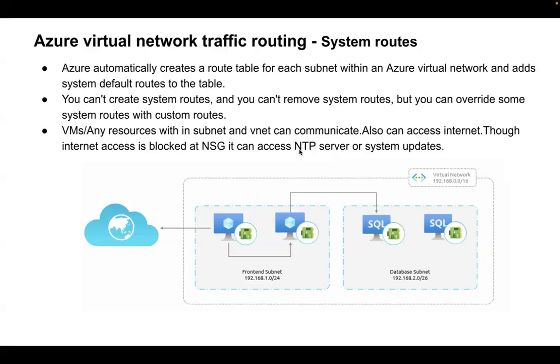And NTP, I think, is a timing protocol, so it will sync up with the time. Once we enable it with respect to your time zone, that will update the server time inside the system. So these two are enabled by default, but by default the overall internet downloads and everything else are blocked. This is how the system routes are configured and taken care of by Azure.